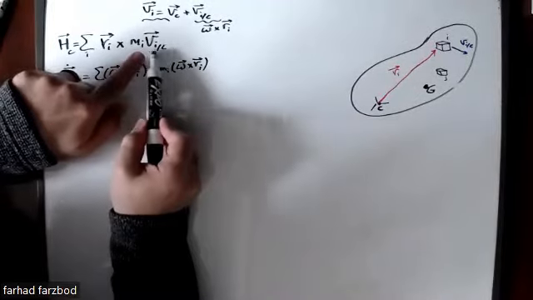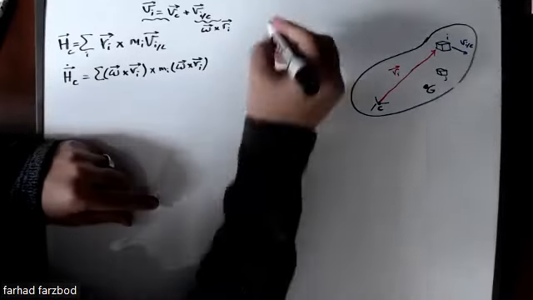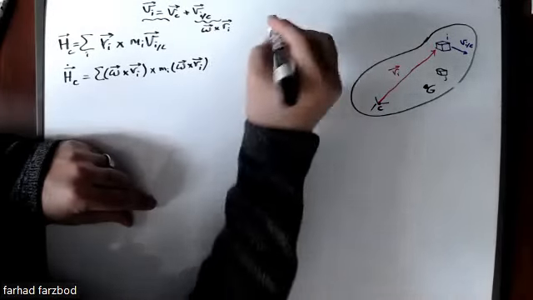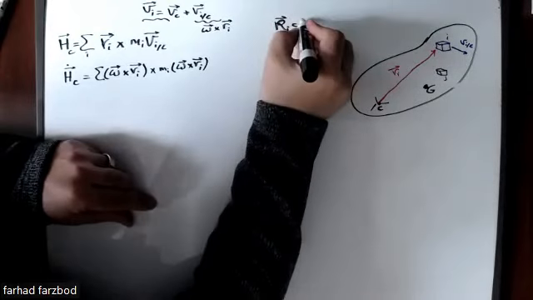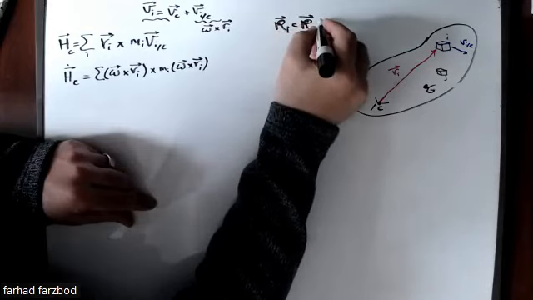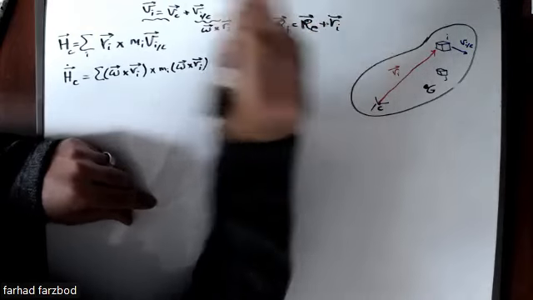Because again, that relative velocity is in fact, because we can write it, I mean, I can say capital R of I equals R of C plus Ri.